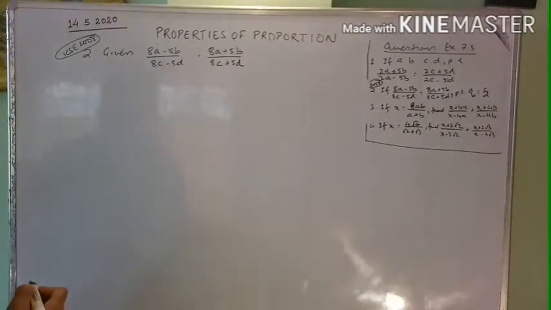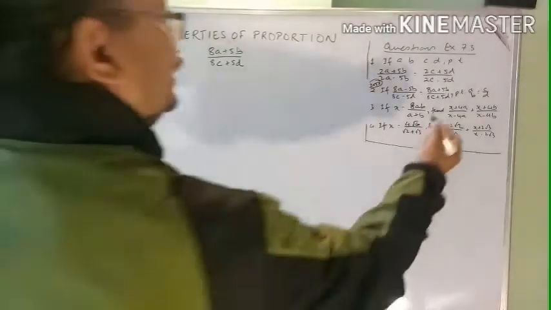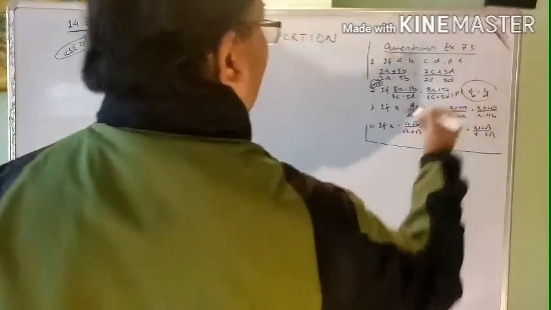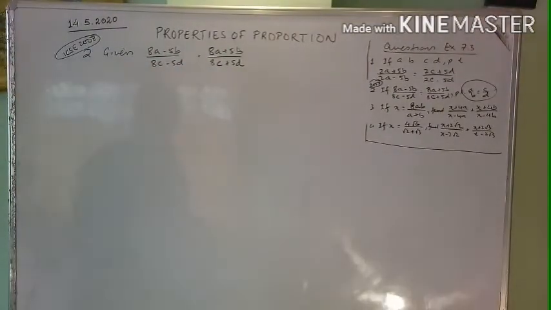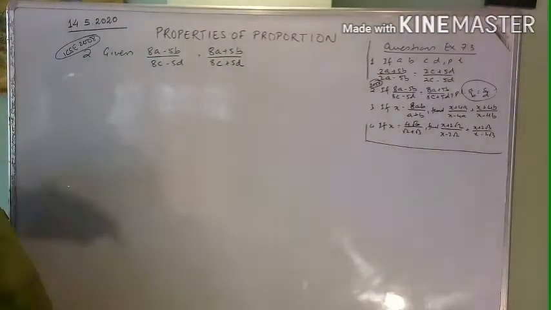Okay. So this is given. Now what we have to prove is A by B is equal to C by D.